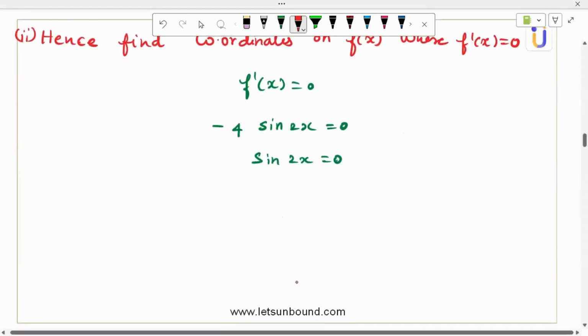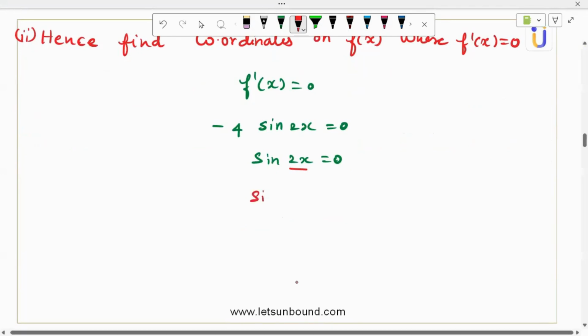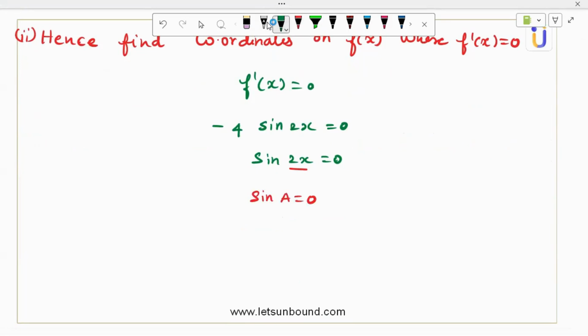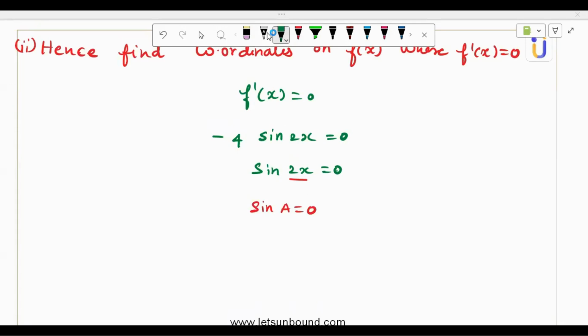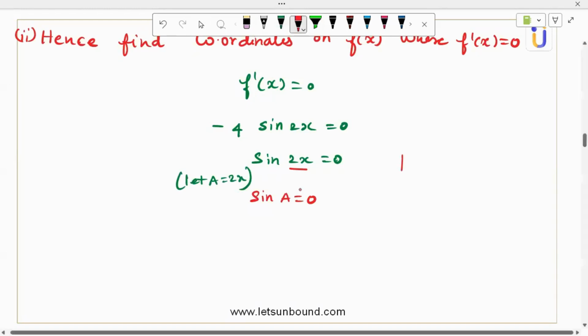Okay, no calculator allowed. So let me take this 2x as a. Sine a is 0 here, right? So when will sine be 0, that basic idea we have to use. This is just for an instance. We have assumed a is equal to 2x, and we will get back to that x form again. At which angle will sine become 0? So this is the sine graph.